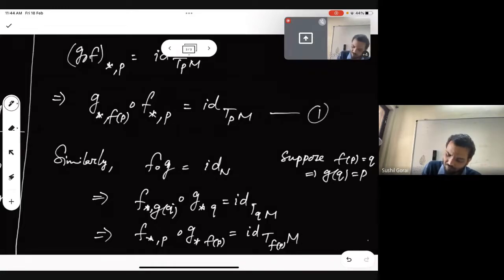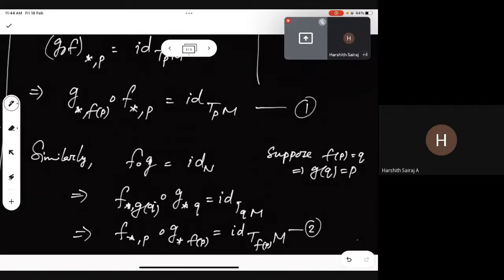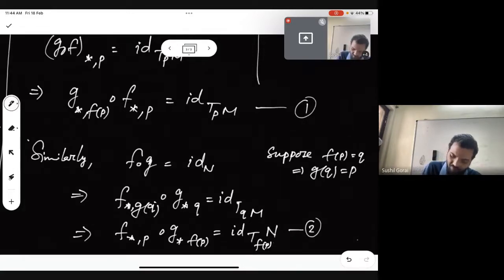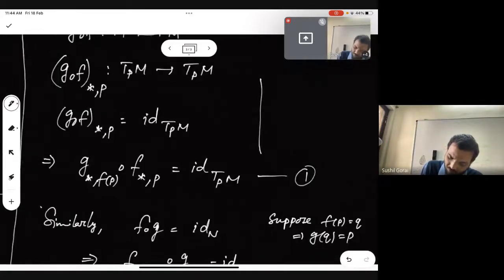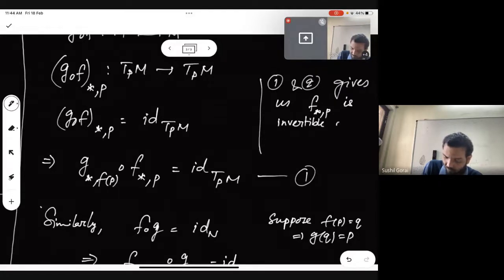So this 1 and 2 gives us that F star P is an invertible map.